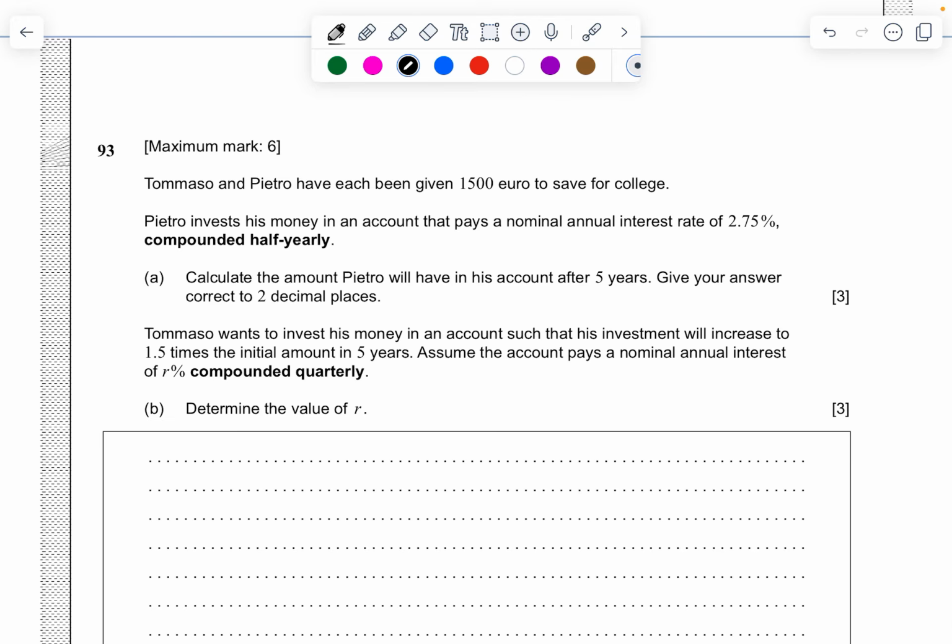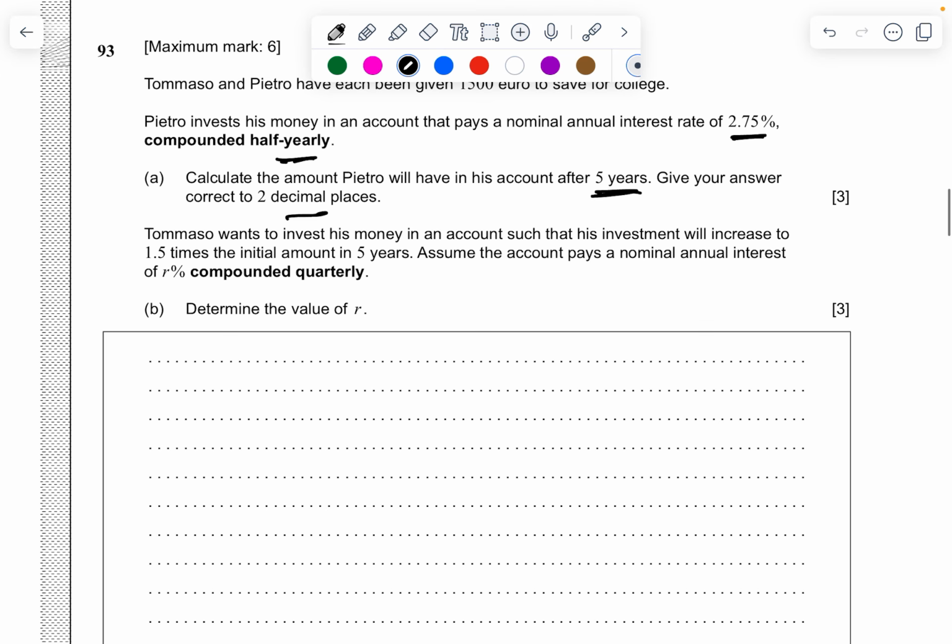Question number 93. Tommaso and Pietro have each been given 1,500 euros to save for college. Pietro saves his money in an account with annual interest 2.75% compounded half yearly. Calculate how much he will have in the account after 5 years, giving the answer to 2 decimal places. For Pietro, n is going to be 10. Why is it 10?